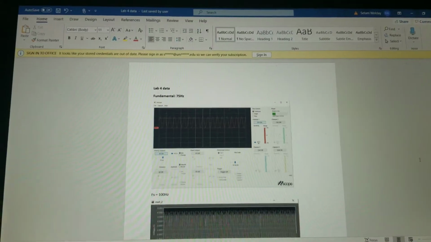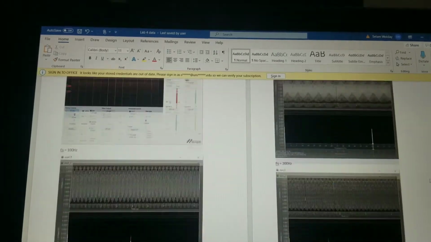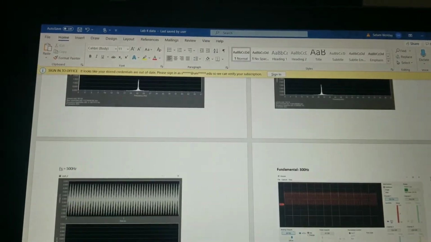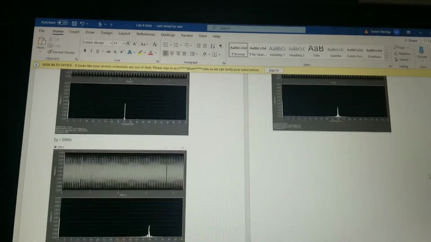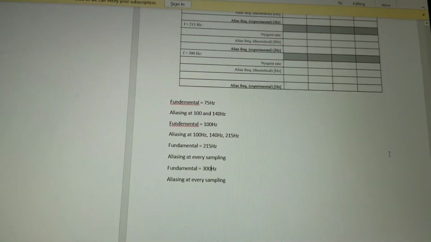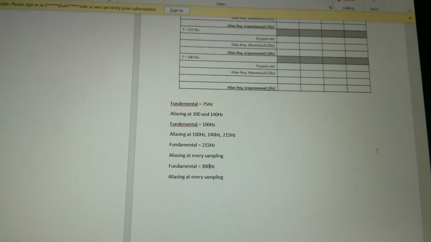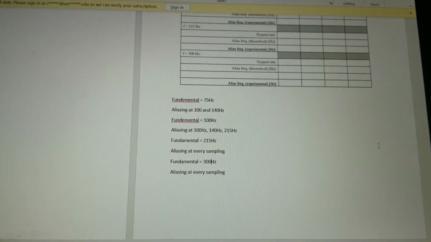And here are my results when I changed the fundamental frequency and the sampling frequency. I found that there was aliasing whenever the sampling frequency was less than double the fundamental frequency. So I have down here that for 75 hertz, there was aliasing when the sampling was 100 and 140 hertz.